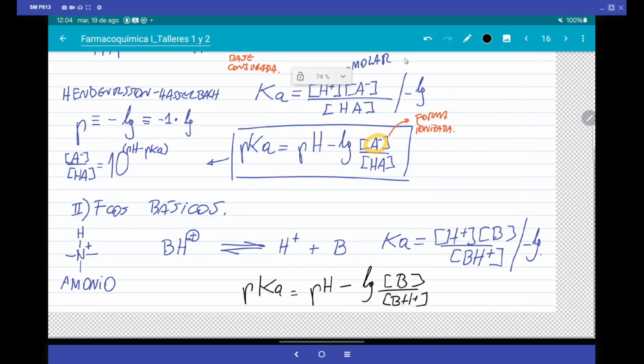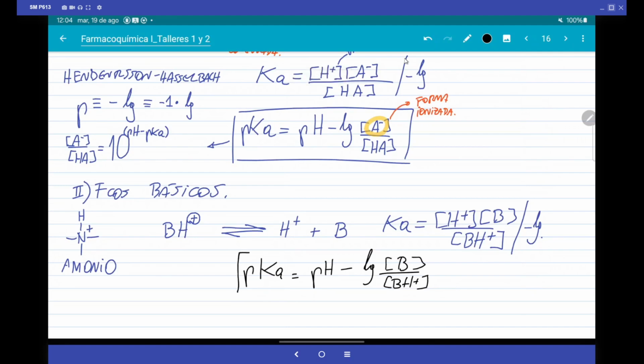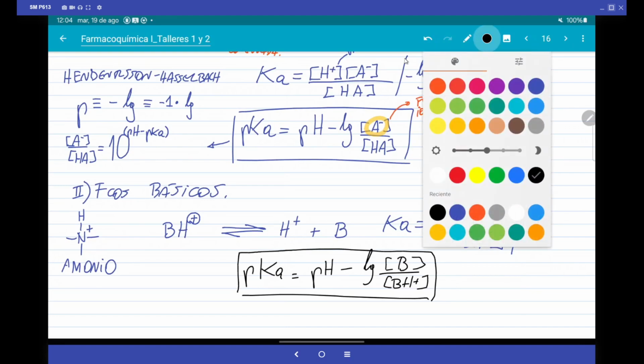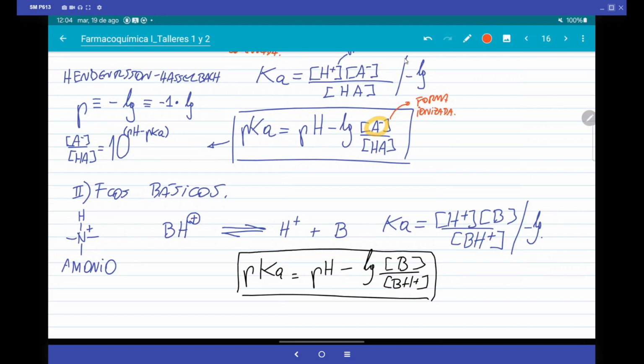I do not want to erase the other equation, so I apologize for the image there. I now have the comparison. Now I ask, where is the drug in its ionized form? In the denominator; it is reversed here. We now have the drug in its ionized form in the denominator.